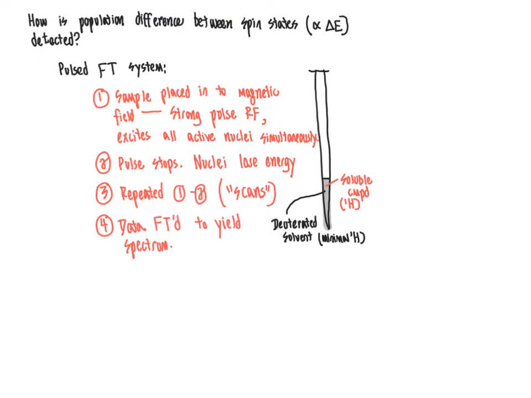So while it is true that the number of scans increases and improves the signal-to-noise ratio, what the signal-to-noise ratio improvement is actually proportional to, and we'll use this alpha value to indicate proportionality again, is the square root of the number of scans. And so if you double the number of scans, you are not going to double the signal-to-noise ratio.